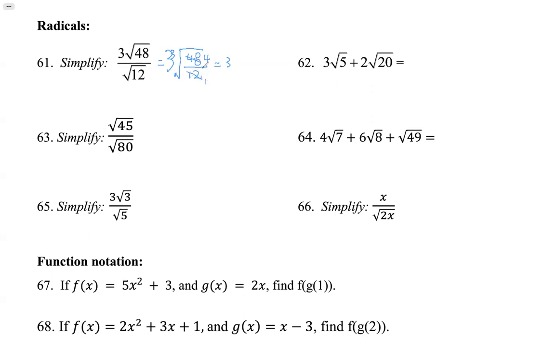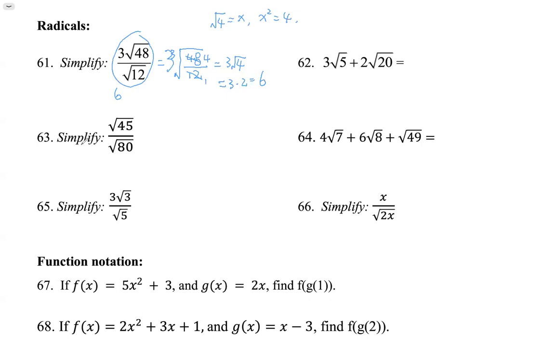Because 12 times 4 is 48. So that becomes 3 radical 4. And radical 4 is 2, because if the square root of 4 equals x, then x squared equals 4. So 3 times 2 is 6. So this whole thing, when we simplify, equals 6.